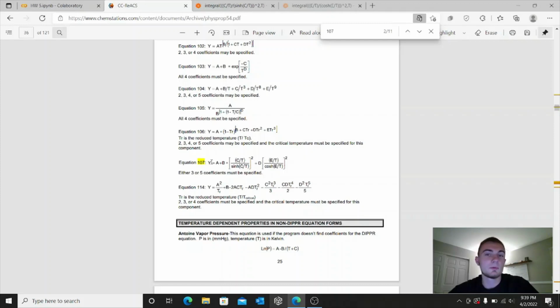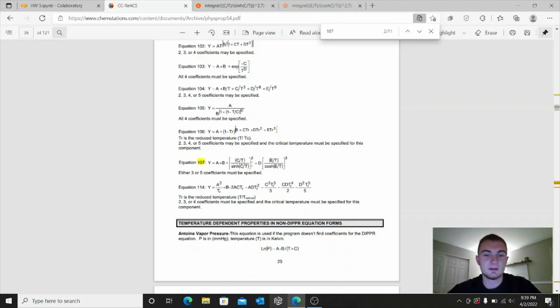Now, if you remember, what we need to do is integrate this equation here. Now, if you look at this, we have a rather difficult equation to integrate. So this a here, we can easily integrate that. That's just a times t. And this b here is a constant multiplied by this term here, and this d is a constant multiplied by this term here.